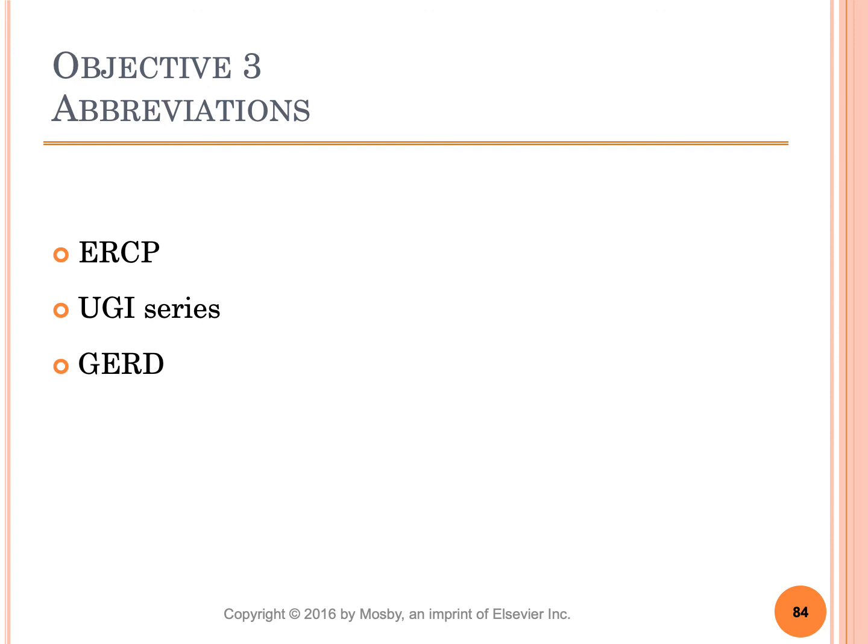Couple more abbreviations. ERCP, remember that's that really super long word that stands for endoscopic retrograde cholangiopancreatography, right? That's to get those remaining stones that are in the biliary tract out.